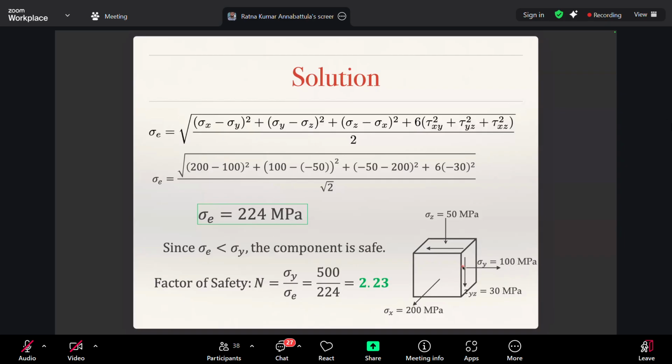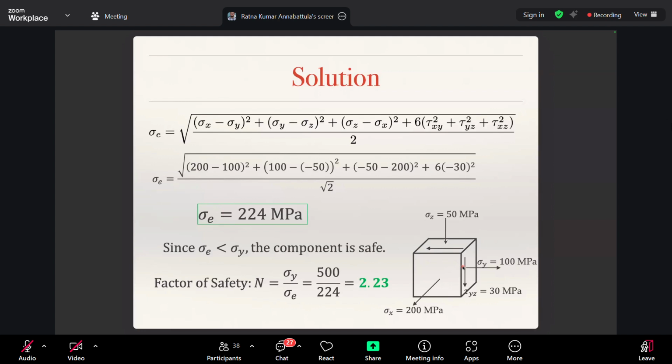Sigma D stress tensor is what? Sigma H is 250 by 3. So how do you write it? 250 by 3, 0, 0; 0, 250 by 3, 0; 0, 0, 250 by 3. That is your sigma H tensor.